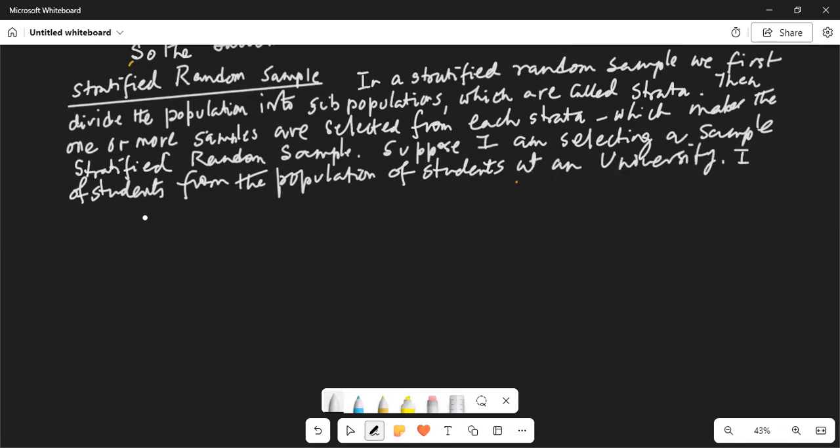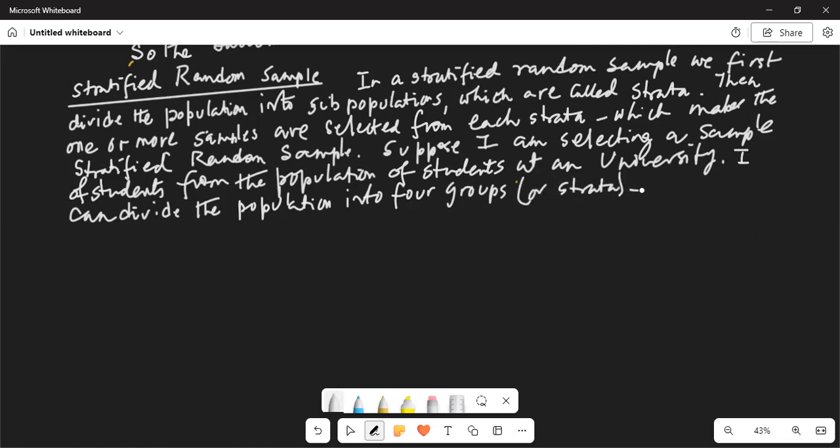I can divide the population into 4 subgroups or strata, which are freshman, sophomore, junior, and senior.